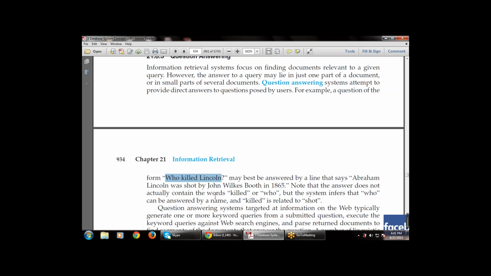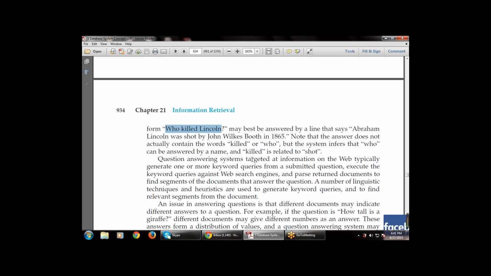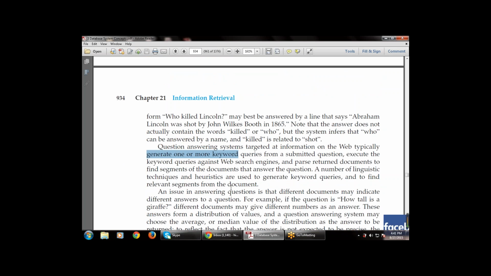The system must also infer that "who" can be answered by a name and that "killed" is related to "shot". Question answering systems targeted at information on the web typically generate one or more keyword queries from the submitted question, and use the keywords to determine what type of information is to be extracted.